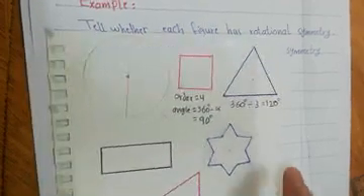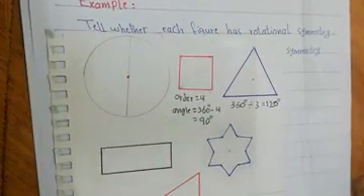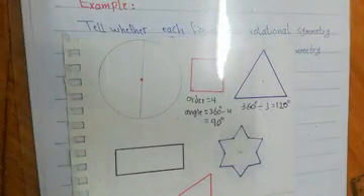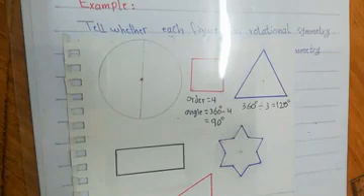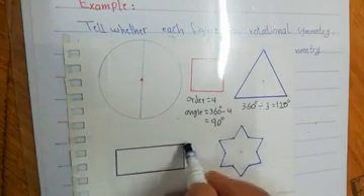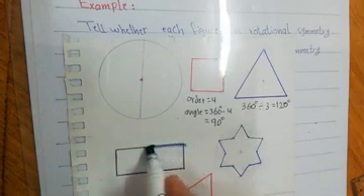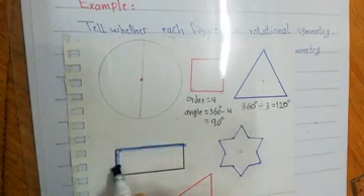What about the rectangle? This one, I will copy this rectangle and check if it has a rotational symmetry.